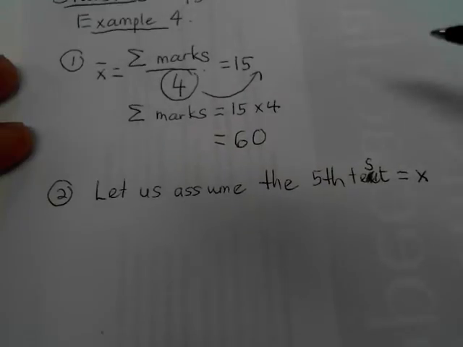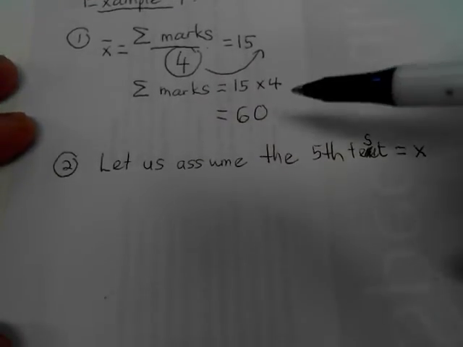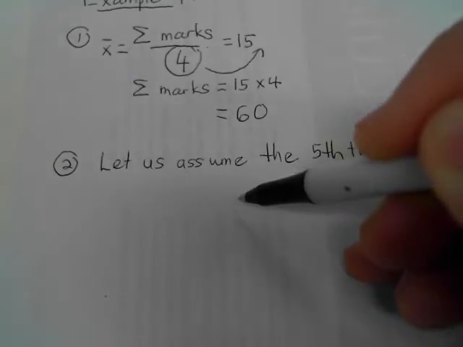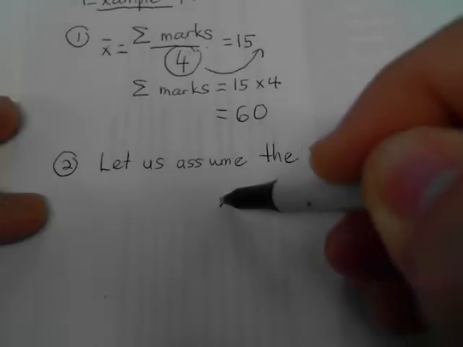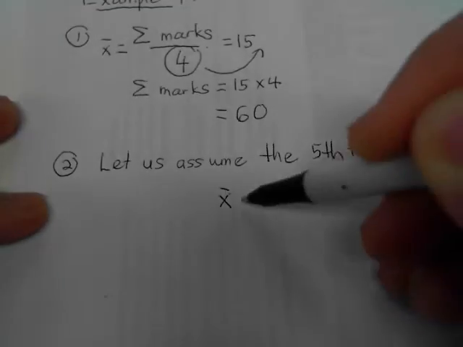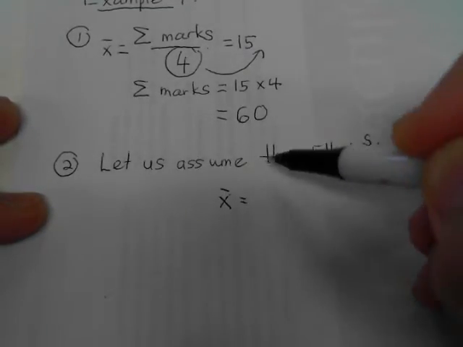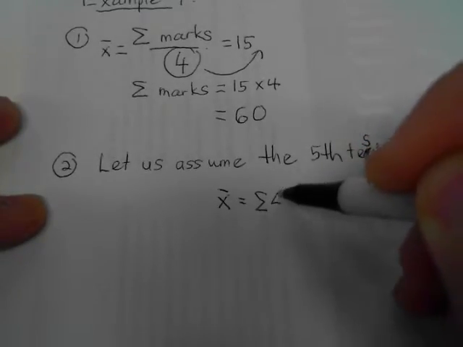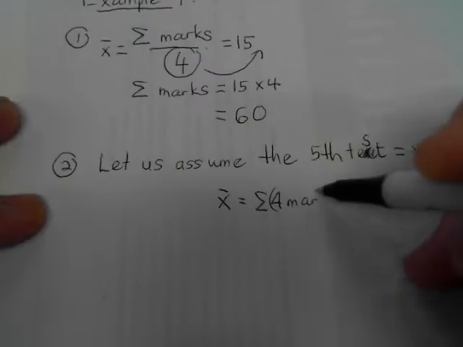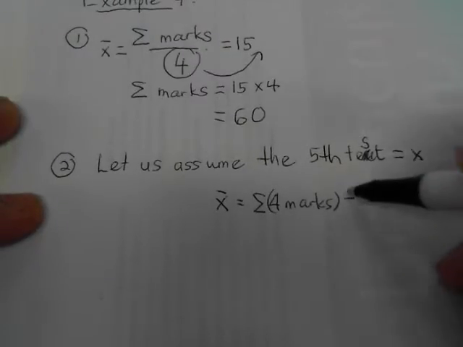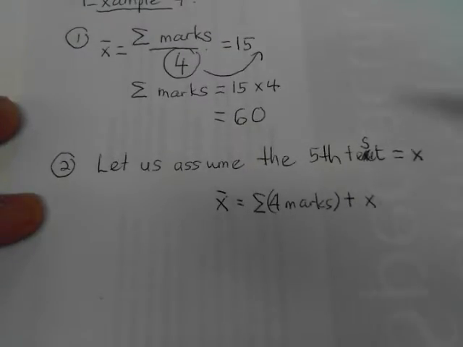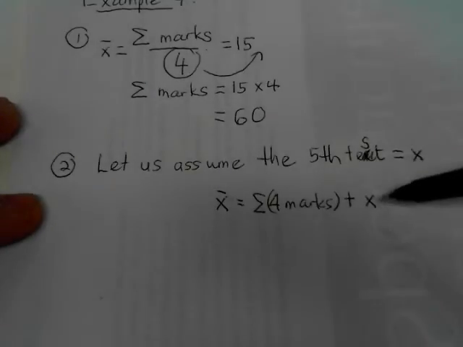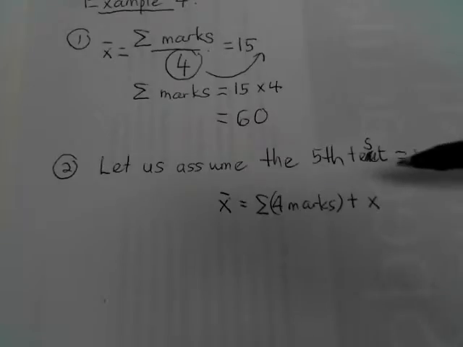Make sense? So what we need to do, we need to again calculate the mean, because the mean given here, the new mean, is actually 16. So we have x bar as usual equals to, now we have to write here the sum of the 4 marks given to you before that. Remember that was the definition, because now we are talking about a new mean.